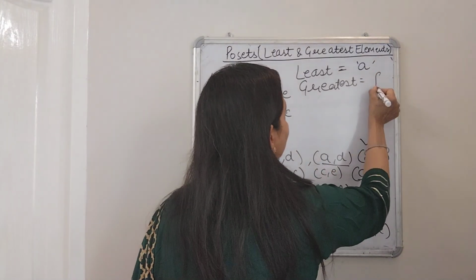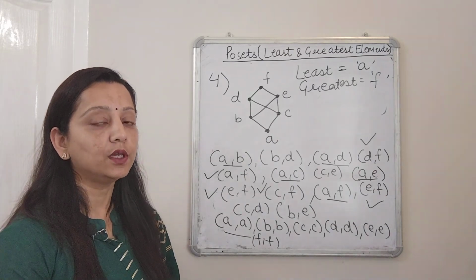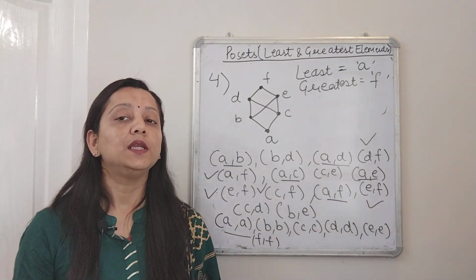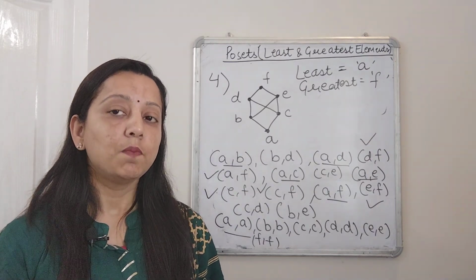So I can say that F is the greatest element over here. So this is how you can easily find out the least and greatest elements in a poset.